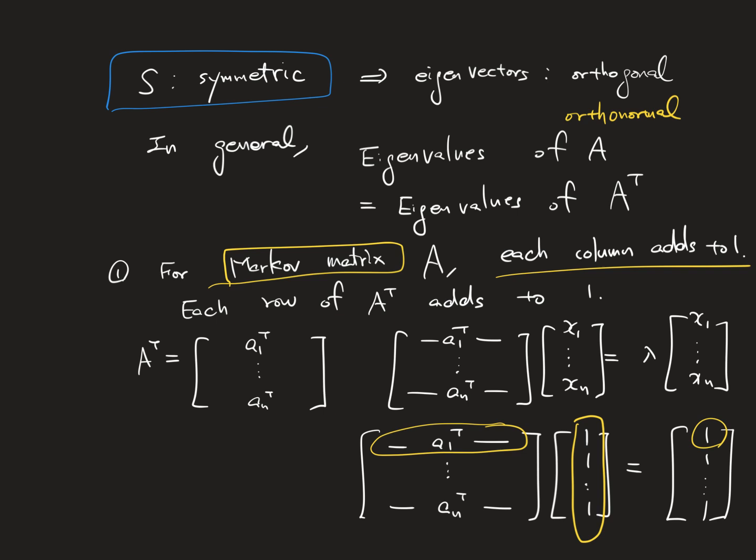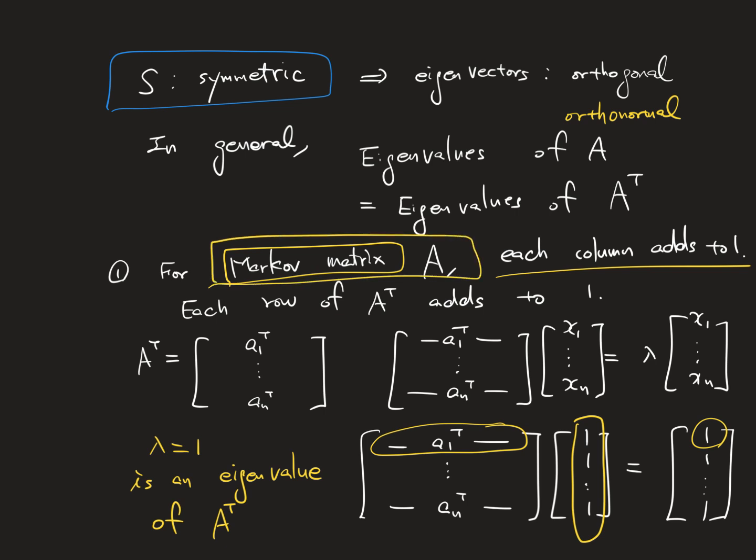Similarly, we get this equation. So we prove that lambda equal to 1 is an eigenvalue of A transpose when A is a Markov matrix.